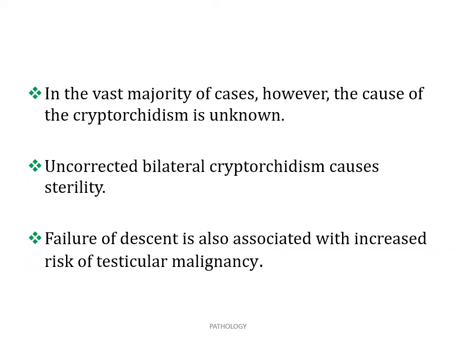We know that the testis produces sperm, and sperm are produced at a temperature 2 degrees centigrade below normal body temperature. So when you leave the testes within the peritoneum, where the body temperature is normal, that is 36 up to 37, this increases the temperature in the testes, leading to a chance of malignancy.